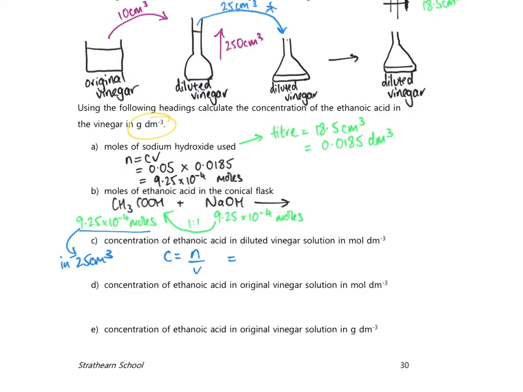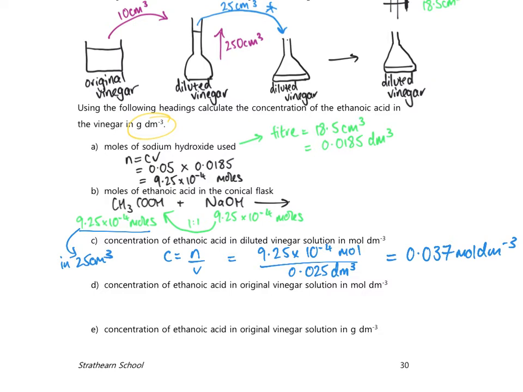And so we use our equation C equals N over V, concentration equals number of moles divided by volume. So that's going to be 9.25 times 10 to the minus 4 moles from part B, divided by our volume in the conical flask, which is 0.025 decimeters cubed. Remember, we must convert centimeters cubed into decimeters cubed. Put that into your calculator and you get that the concentration of diluted vinegar is 0.037 moles per decimeter cubed.